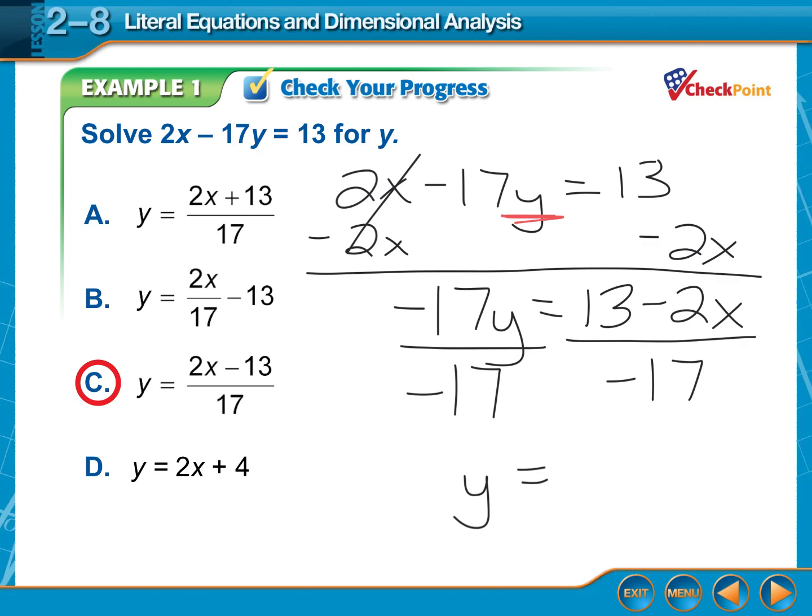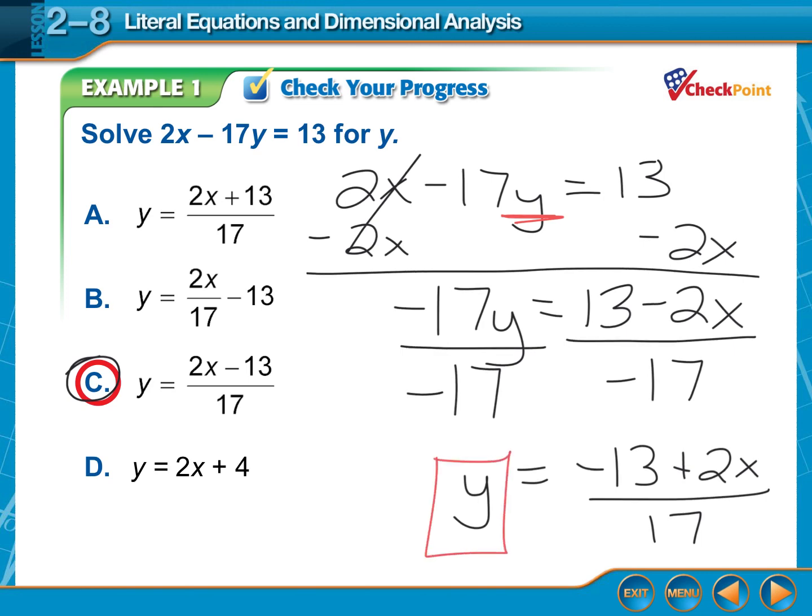So we're going to have negative 13 plus 2x divided by 17. So I flip those signs because I divided by a negative. And then our answer, they already told us, is C. So once we get our variable that we want and it's completely alone, no matter how messy the other side looks, that's our answer. Okay? Any questions over this?